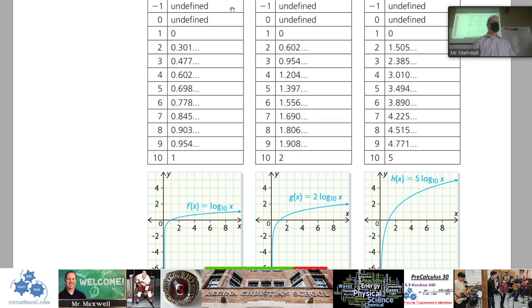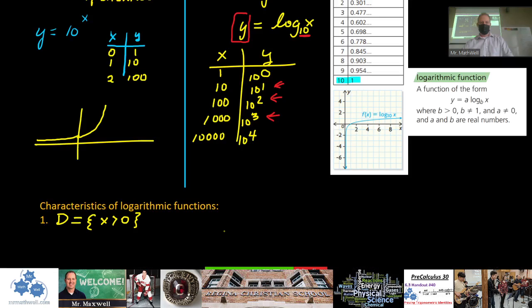You'd only get a small fraction. So you can't get a negative number by using an exponent like that. So the first characteristic is the domain: x is greater than 0. So the graph only exists greater than 0.